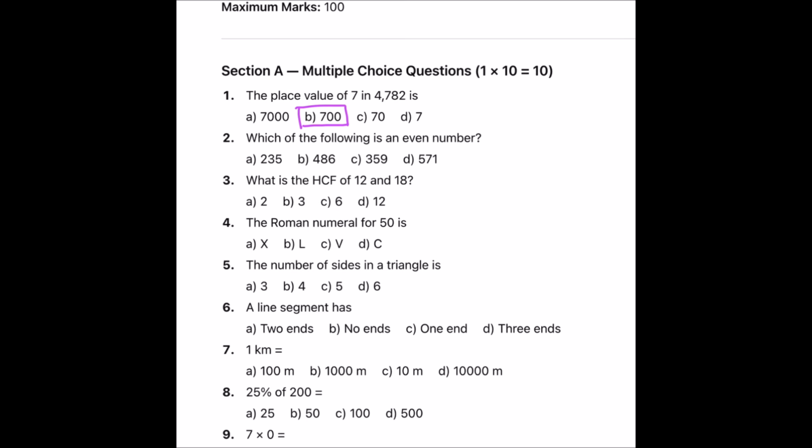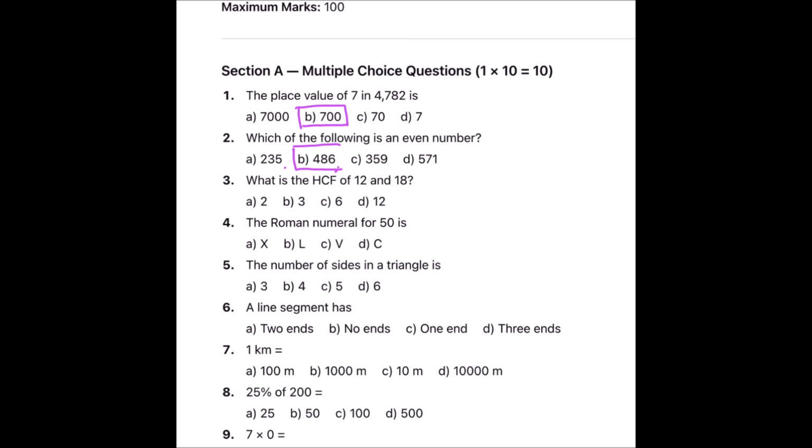Which of the following is an even number? We all know that an even number is a number with 2, 4, 6, 8 or 0 in the units place. 235 has 5 in the units place, so this is not an even number. 486 has 6 in the units place, so this is an even number.